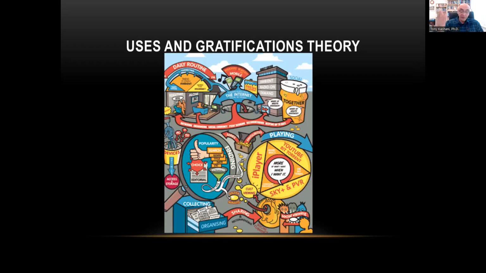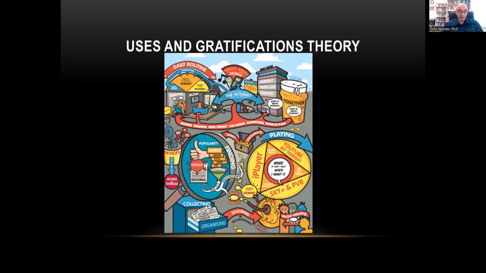Unlike traditional media theories that emphasize the effects of media on audiences, uses and gratifications theory shifts the focus to why individuals choose to consume particular media content and what gratifications they seek from these choices.